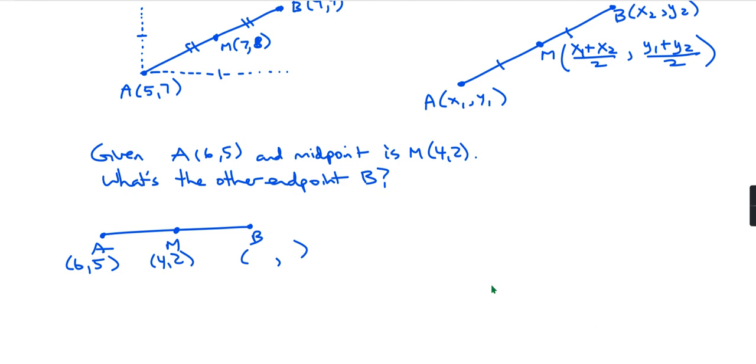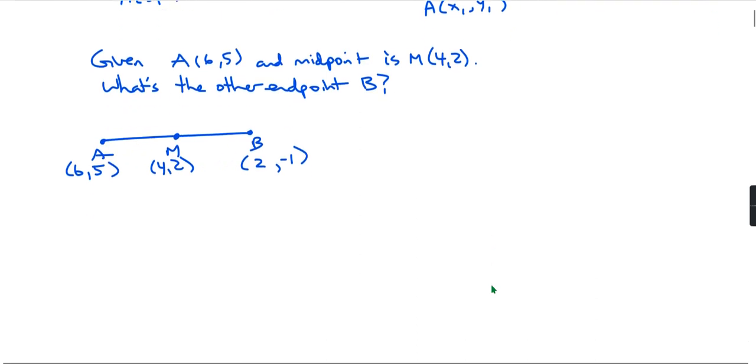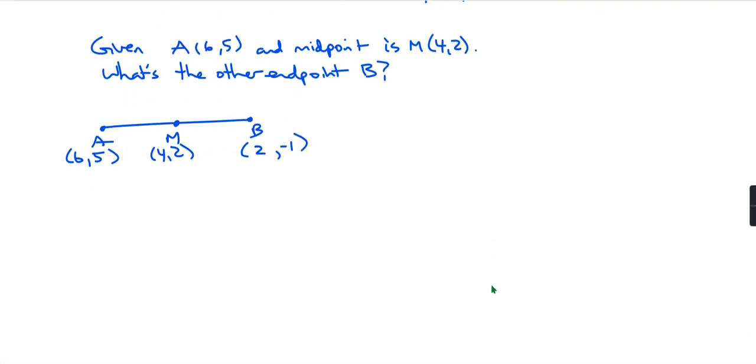So for B, go down another 2 units, so that my 4 is halfway between 6 and 2. And then for the y's, I have to go down from 5 to 2. And so I should go down again another 3 units to -1. And I can see that my 2 is halfway between 5 and -1. So you can totally reason through this if that's what you want to do.